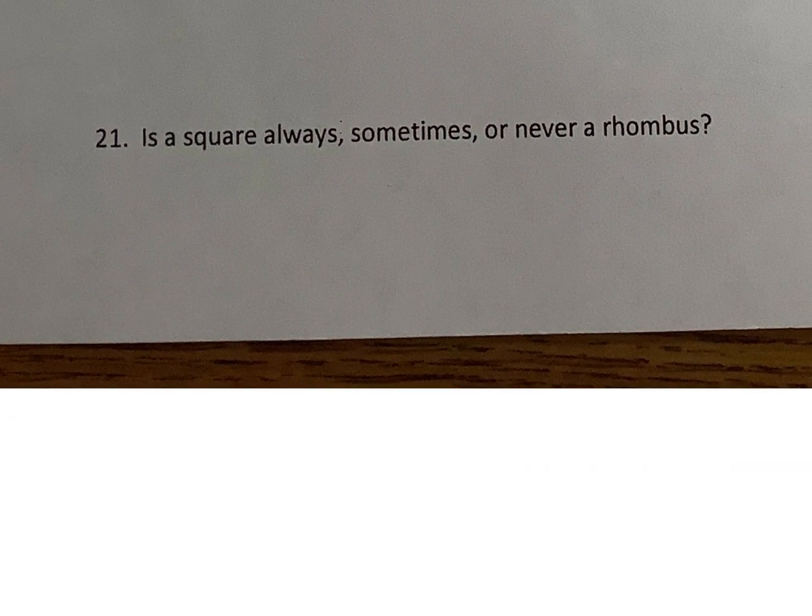Now, a square. You're starting with a square. It's important to know what you're starting with. Is a square always, sometimes, or never a rhombus? What you do is you have to know the definition of the second thing. The definition of a rhombus is that it has 4 congruent sides.